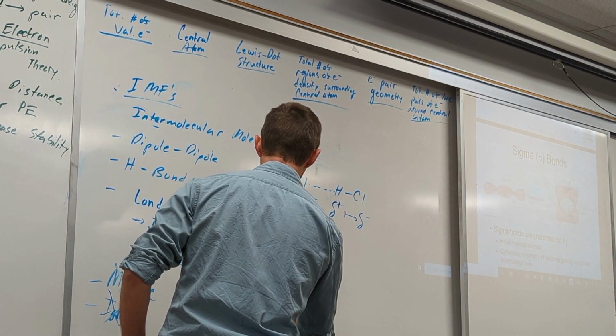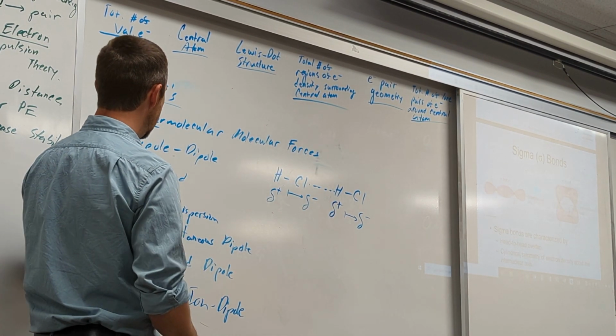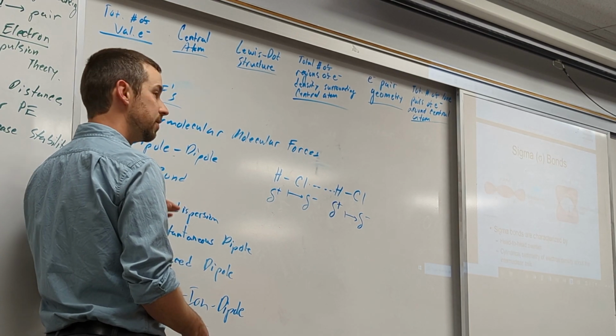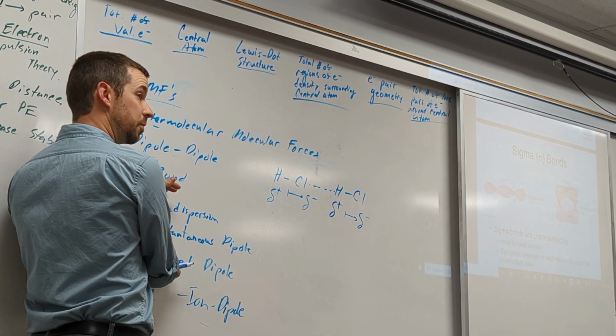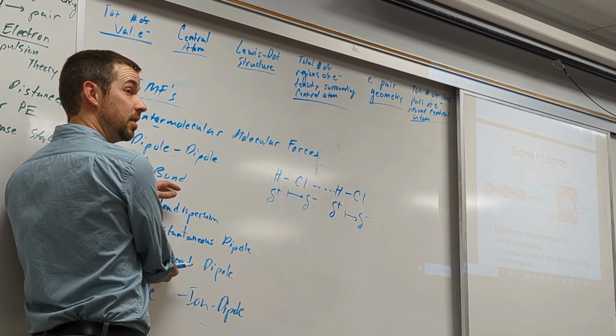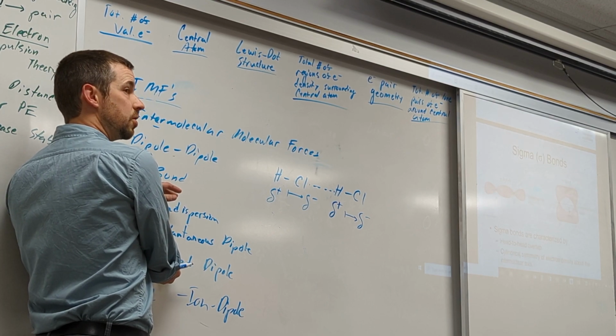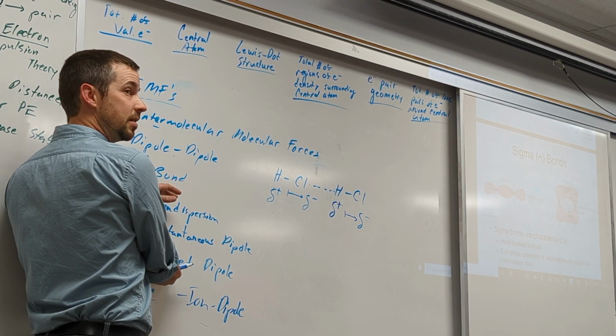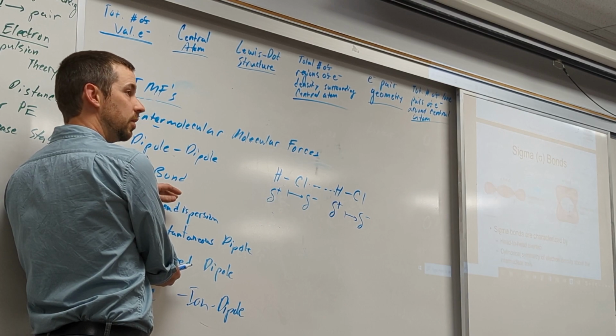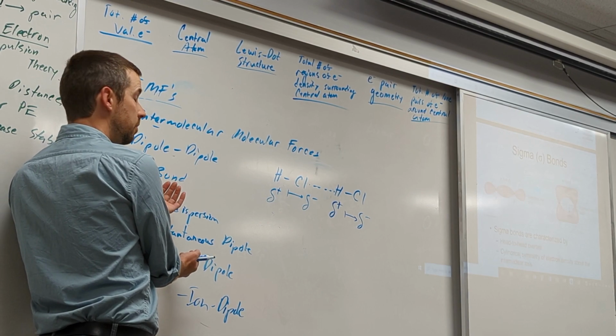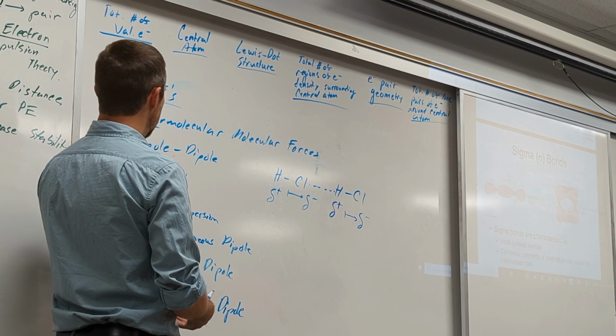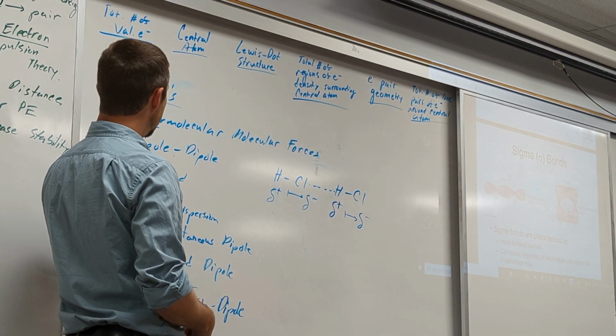Ion-dipole interactions. That'll help us here. In terms of the relative strengths, these are pretty stinking weak, but collectively, very strong. So if you have millions and billions of these occurring within a solution, collectively, it might be a pretty strong intermolecular force network. This stabilizes your DNA. I'll show you that in a second.